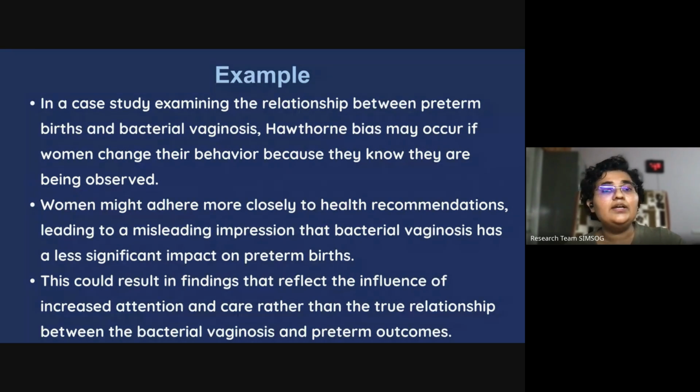And this could in turn result in findings that reflect that there is not that much of a relationship between bacterial vaginosis and preterm outcome. That is Hawthorne effect. So this was all of the measurement biases.